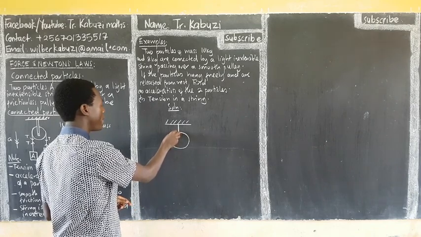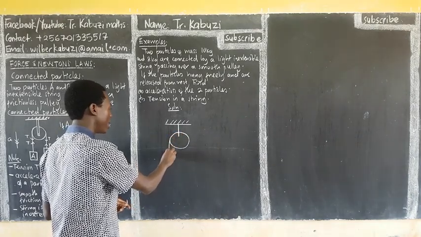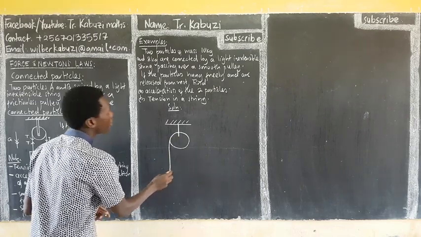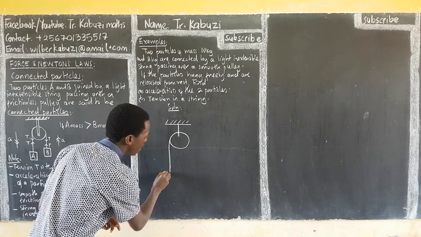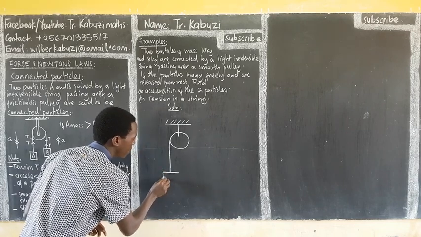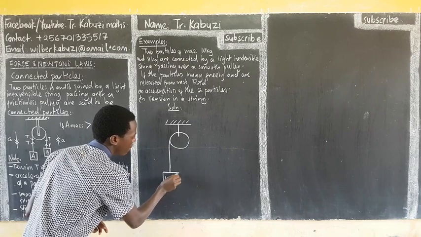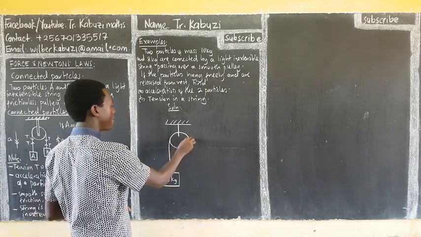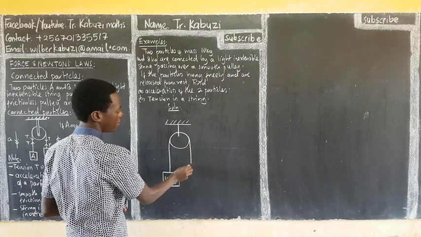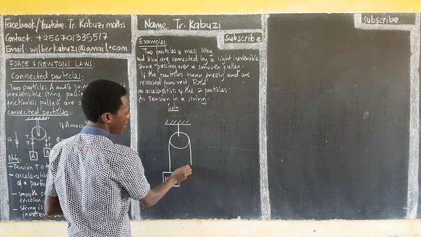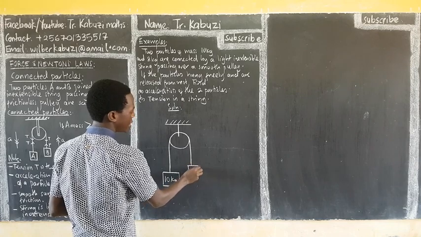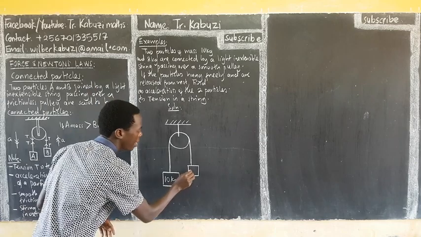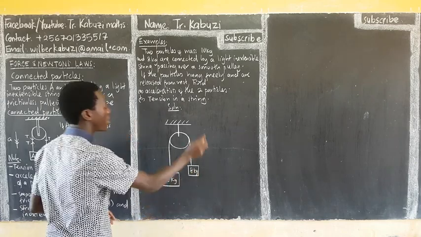On one side the particle has a mass of 10 kilograms, and on the other side a particle of mass 8 kilograms. Sketch neatly.